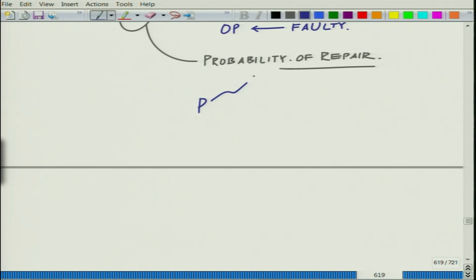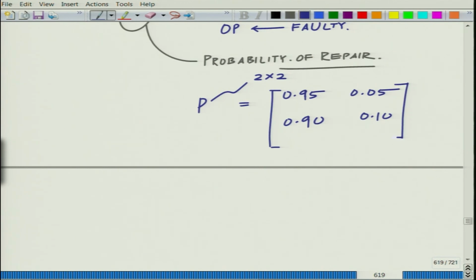Now we have all these quantities, each Pij. Each Pij is greater than or equal to 0, and the summation of Pij over all j is equal to 1. Now, we write the one step transition probability matrix, or simply the transition probability matrix P. Remember there are 2 states, so this is going to be a 2 cross 2 matrix: 0.95, 0.05, 0.90, 0.10. This is your transition probability matrix.